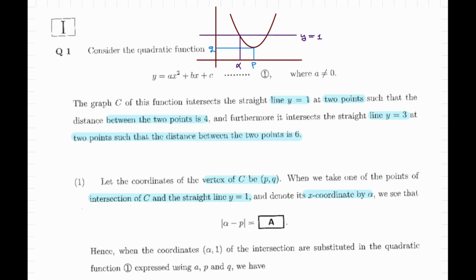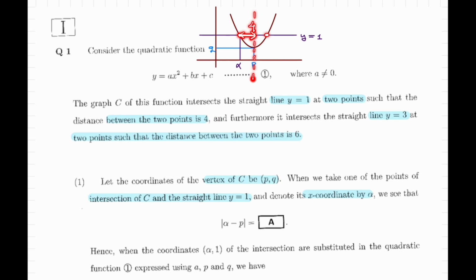Okay, from this illustration, we know that since the distance between these 2 points is equal to 4, and the vertex is here, so P minus alpha should be equal to 2.